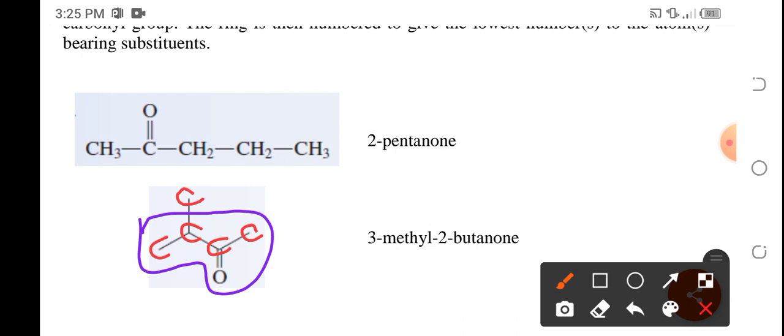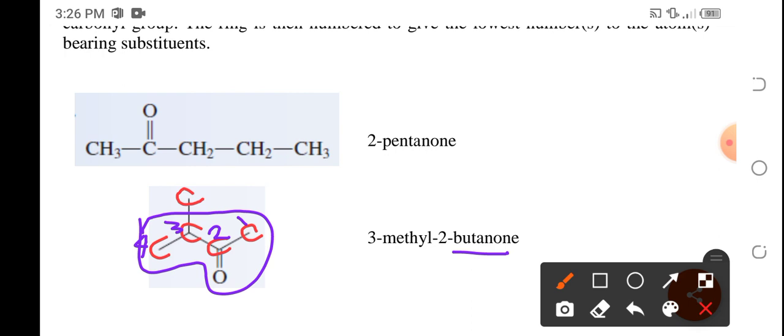So, dapat kasama daw yung carbonyl carbon sa parent chain. And that is butanone because of the 4 carbon atoms. The position of the carbonyl group is at carbon number 2 kasi ito yung mas mababa. We have to number it from right to left. This is carbon number 1, 2, 3, and 4. Okay? We don't like the other way kasi magiging number 3 yung carbonyl carbon.